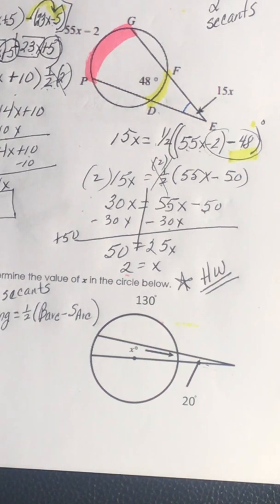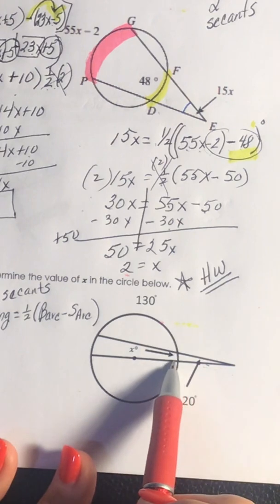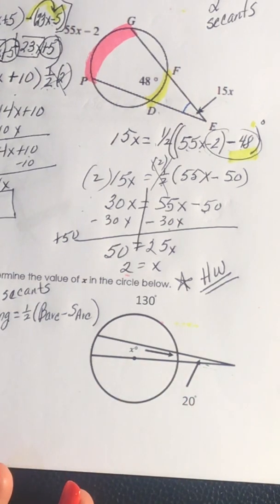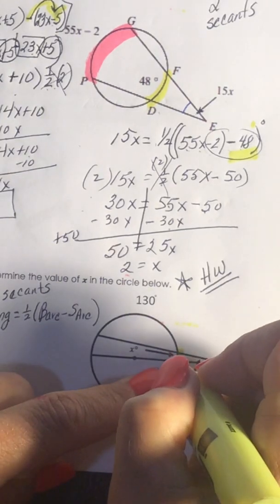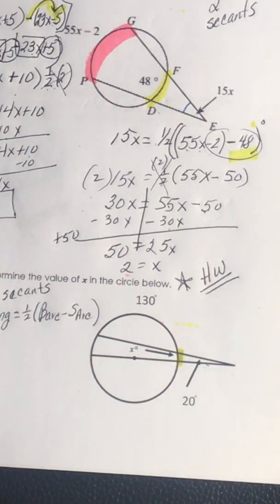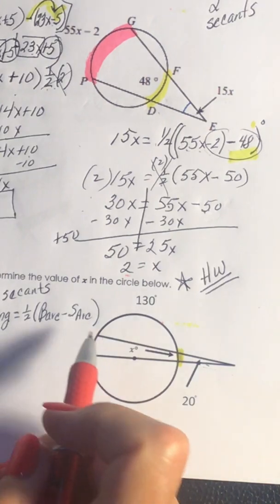Okay, so we're going to plug in what we know. We know that this small arc, because it's pointing to x, is this arc. So that's going to go in for the small arc.